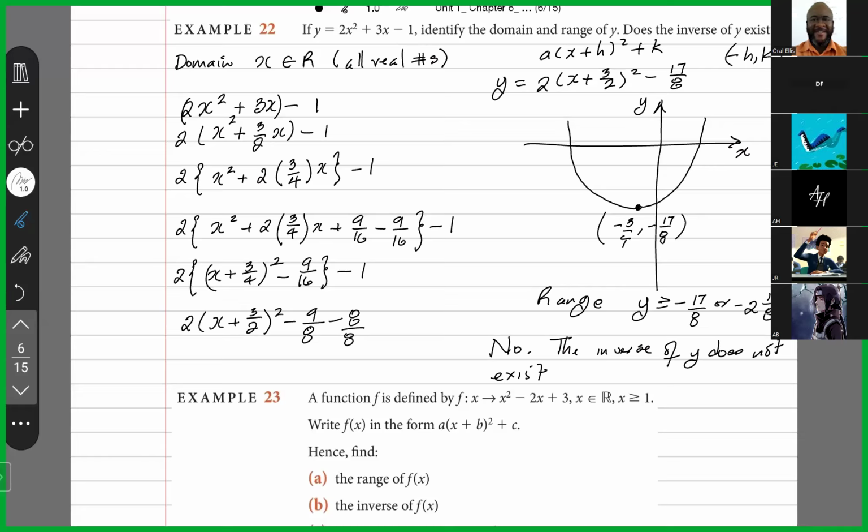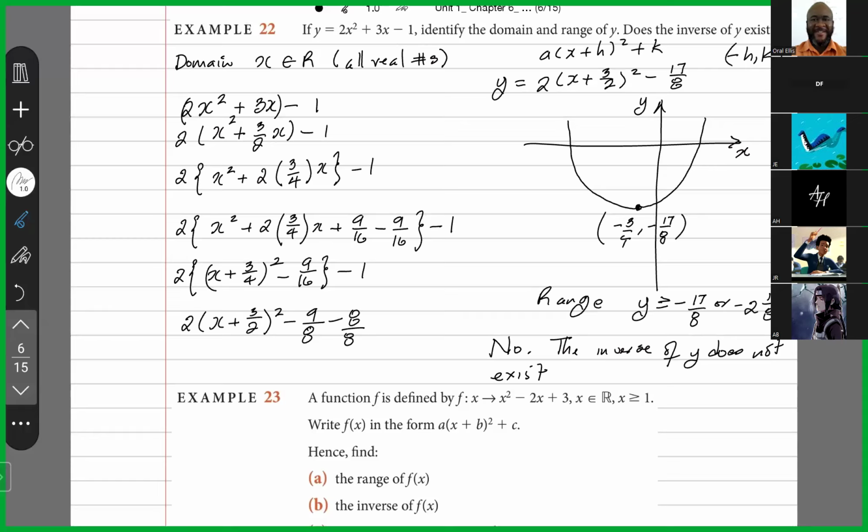Because for it to be injective, it has to cut it at most once. And every line drawn parallel to the x-axis above the minimum turning point will cut the graph twice. Therefore, it is not injective.